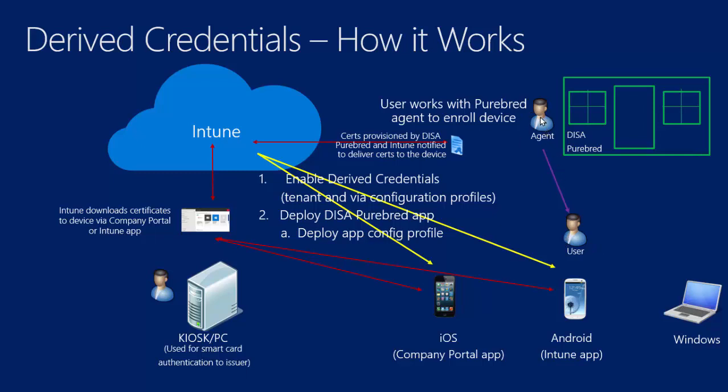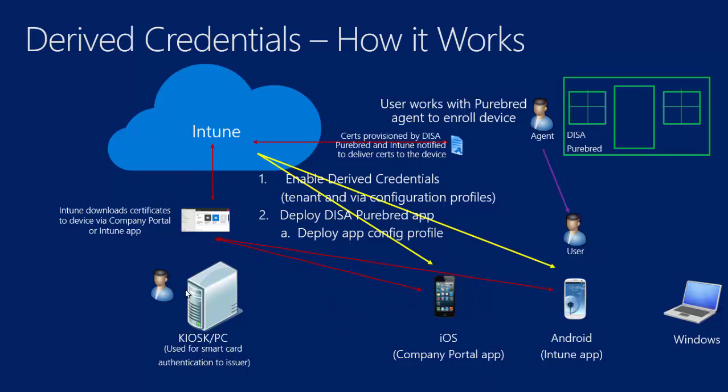At the end of it, there will be some certificates that are ready for your device, right? So this set of certs from Purebred is going to be ready for your device. And these certs need to make their way down to the device, and so that's where the company portal will come in. So these certs through Intune will come down through the company portal on iOS or the Intune app on Android, and then the device will accept the certs, right?